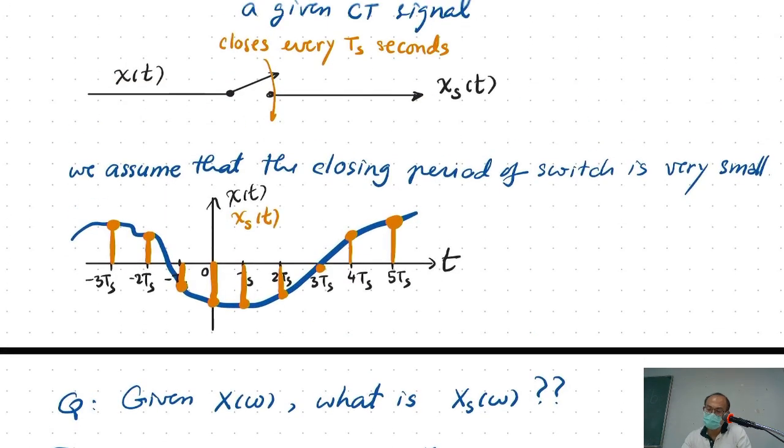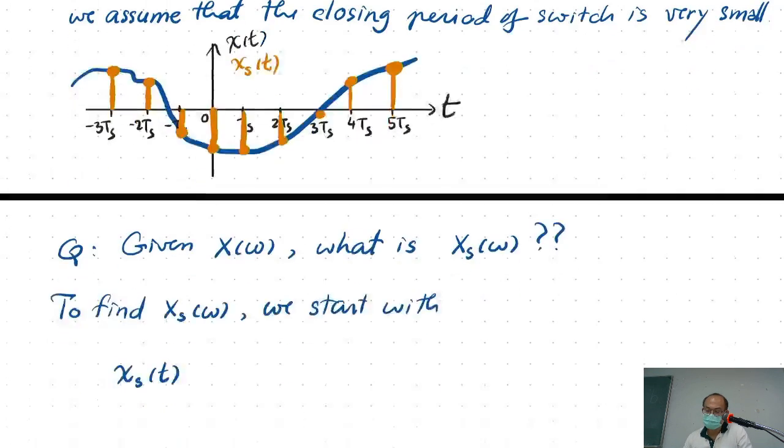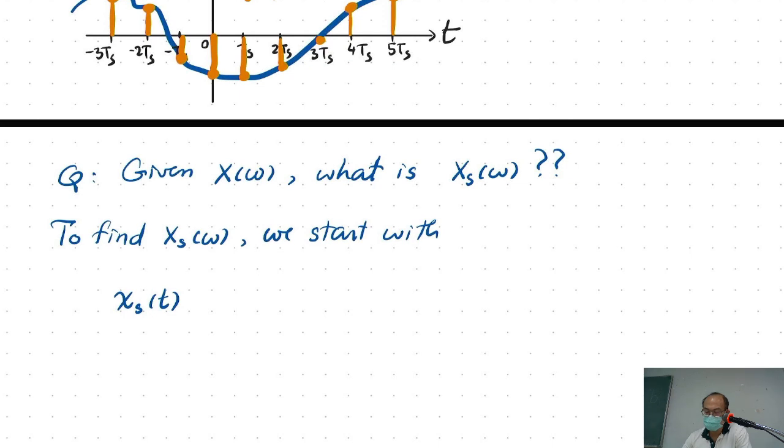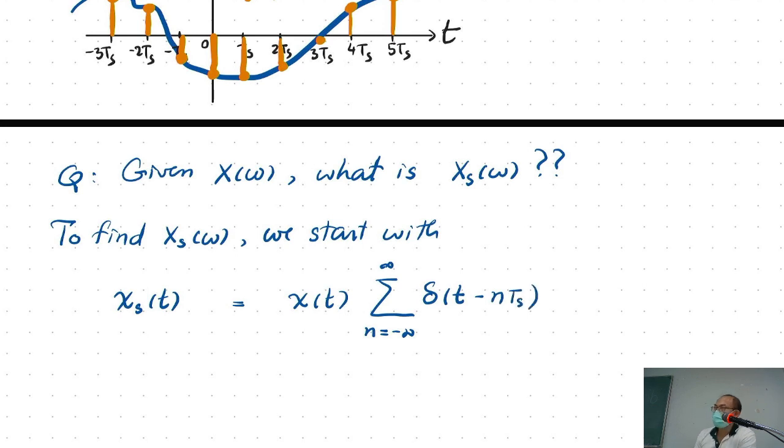Now, xs(t) is a sampled version of x every Ts seconds. So it is reasonable to write xs(t) as x(t) multiplied by the impulse train, where the impulses are Ts apart.